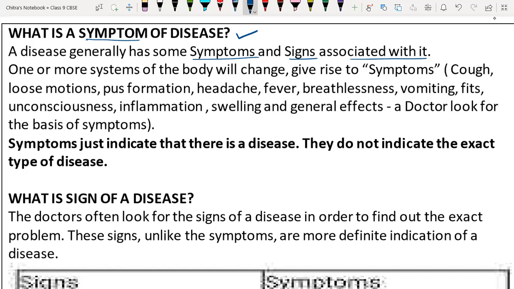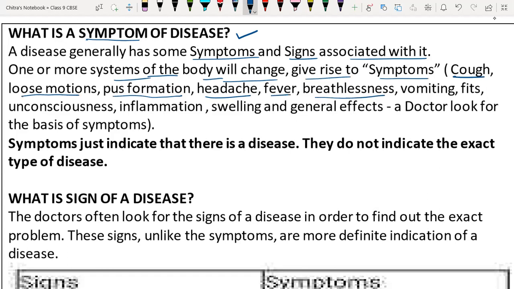One or more changes of the body give rise to the symptoms. Like we can feel cough, loose motion in case of diarrhea, pus formation in case of wound, headache in many cases, fever, breathlessness.